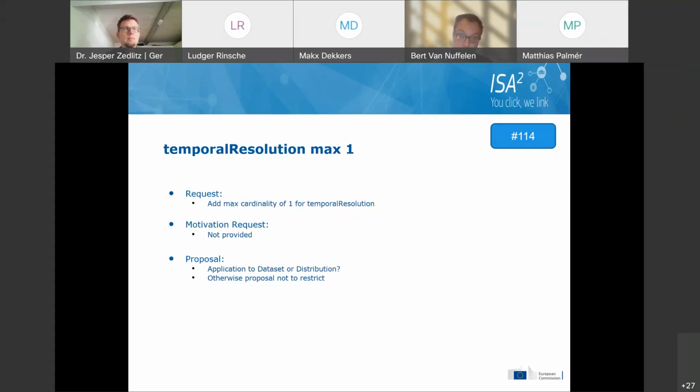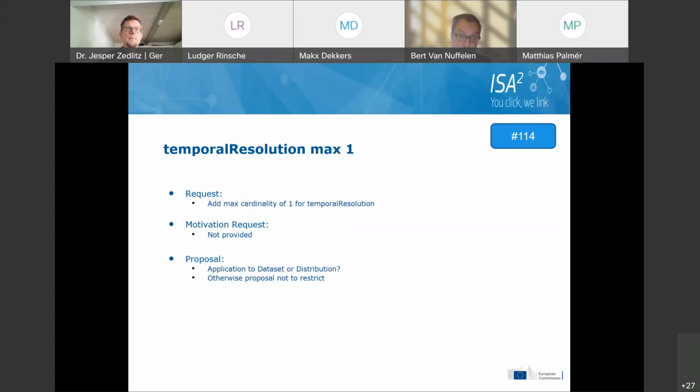So that makes no sense. In this case, it would make sense to either adjust the usage note or to change the cardinality to really show that this is the minimum time period. That would be a feasible reason, I think.